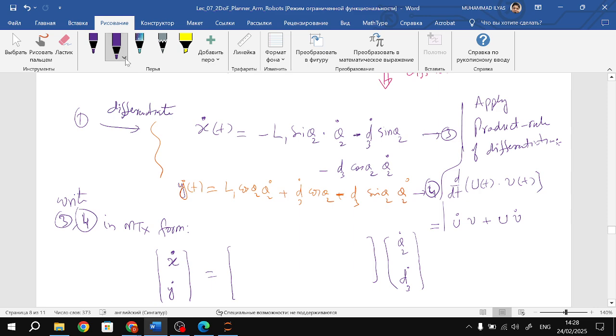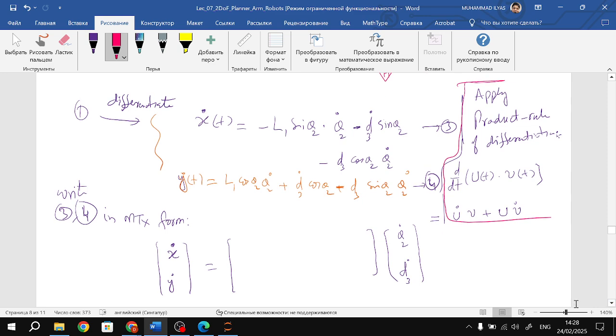So what will be the matrix? Because we have theta 2 dot in this term and this term, we can combine them. So that will be minus L1 sine of theta 2 minus d3 cosine of theta 2. That is the theta 2 dot term, and the d3 dot term is only minus sine of theta 2.